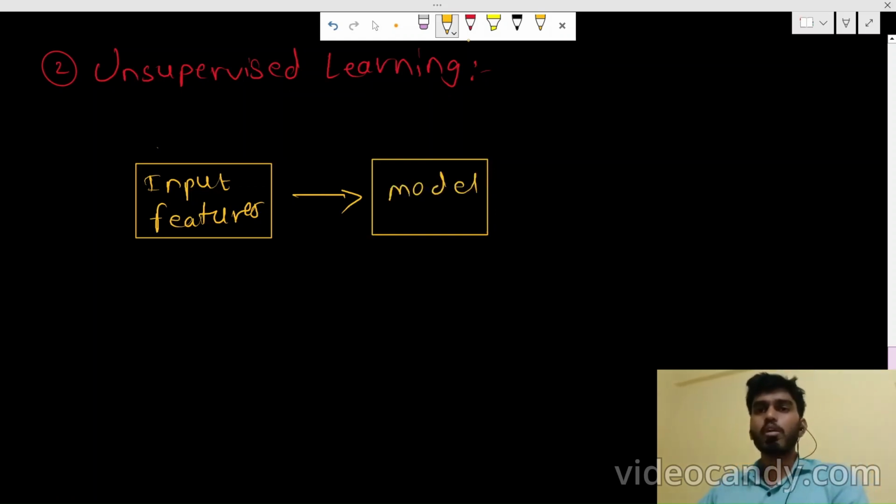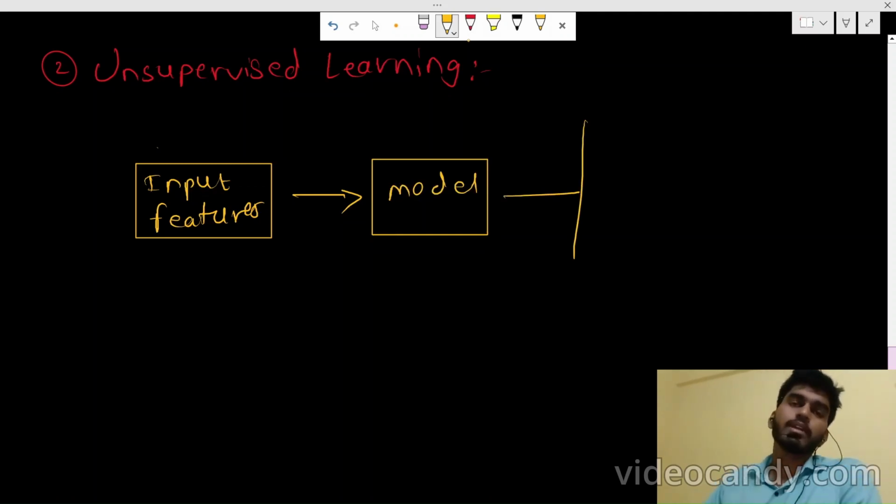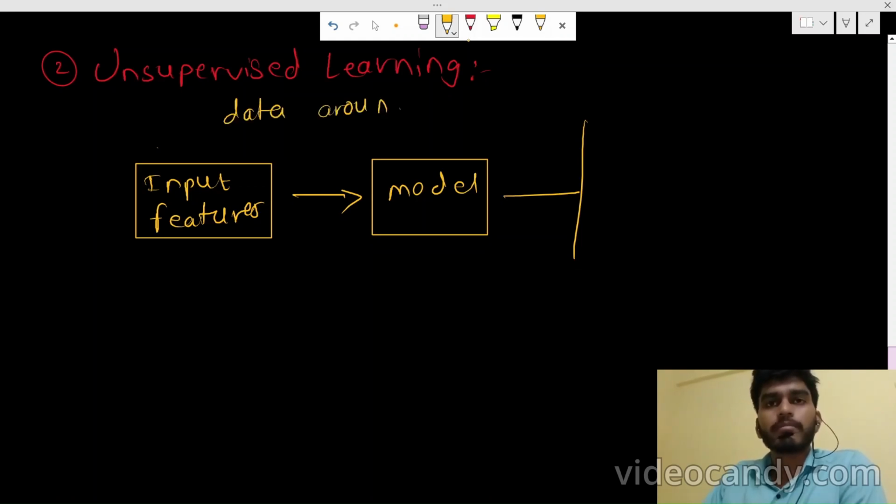These input data points are given to the model, and the model will create different groups of this data. Let's say you mixed fruits data, and you have around 1000 rows.